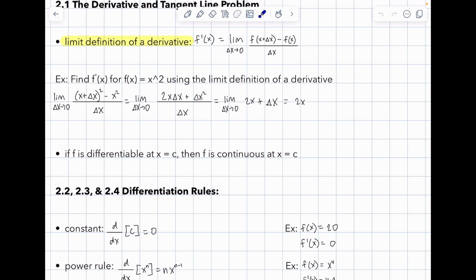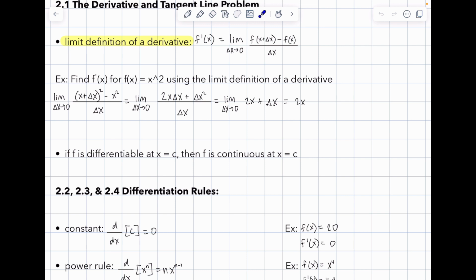And so the delta x's cancel out, and that gets us the limit as delta x goes to 0 of 2x plus delta x. And since delta x is just 0 and we can use direct substitution, our derivative will be 2x.